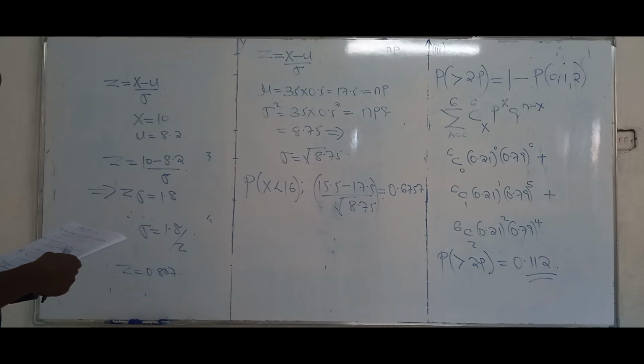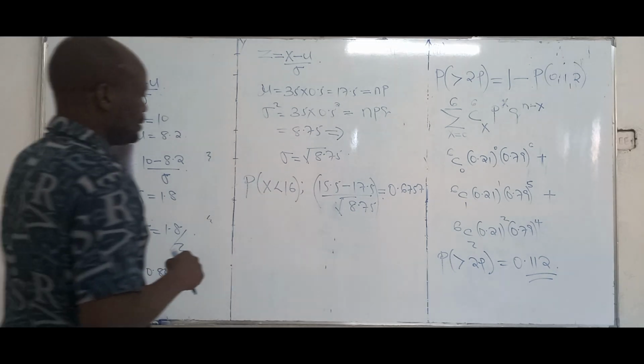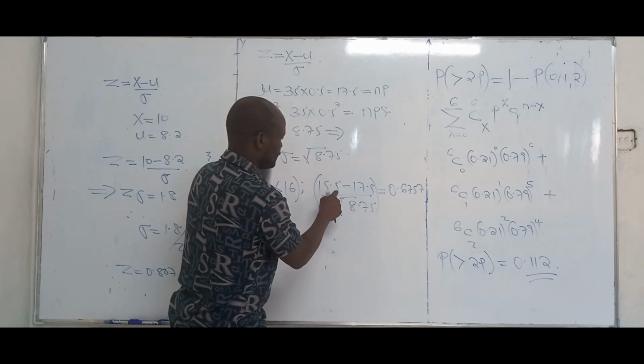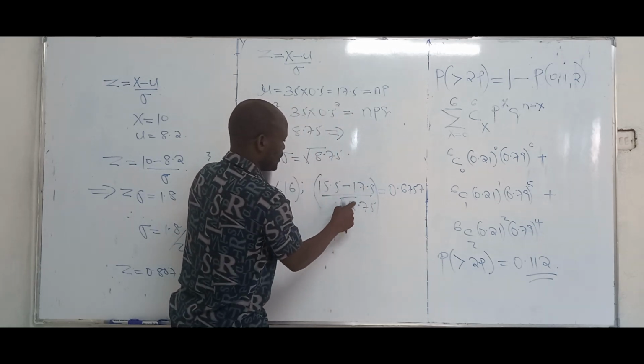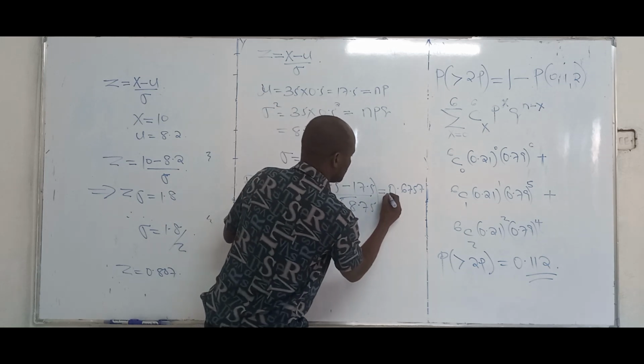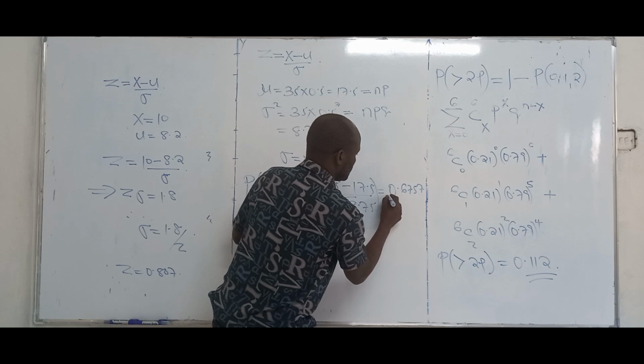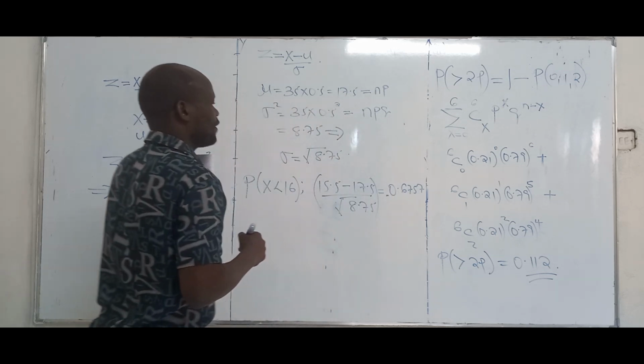And so that we do by looking at what is here. This is negative because 15.5 minus 17.5 divided is negative. So we have negative 0.6757.